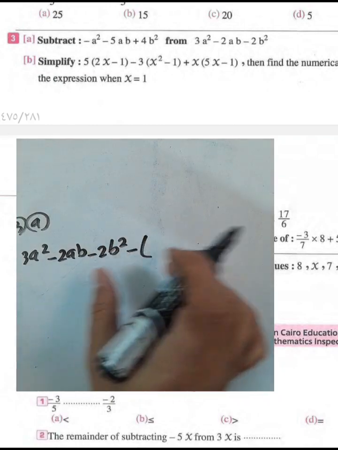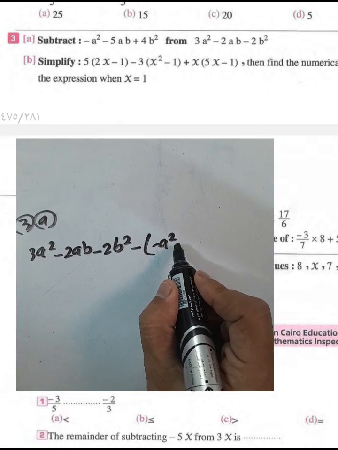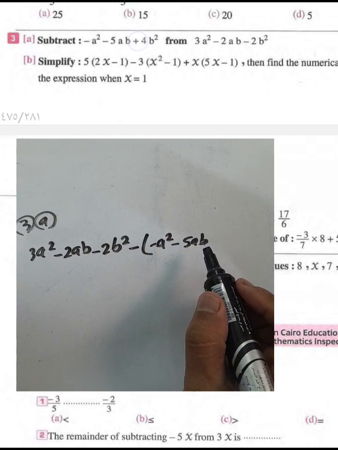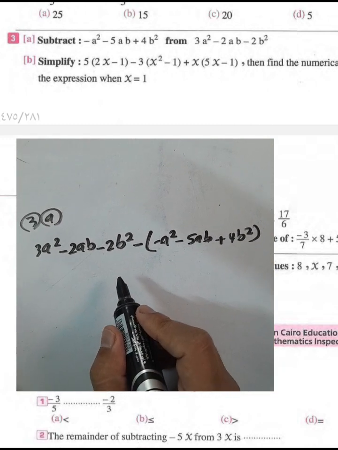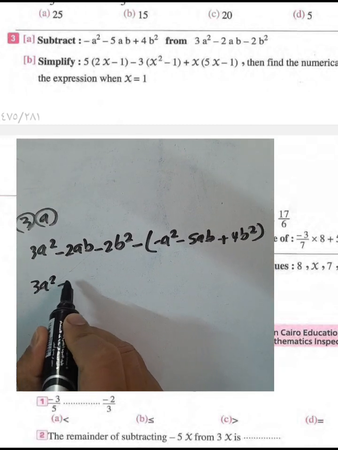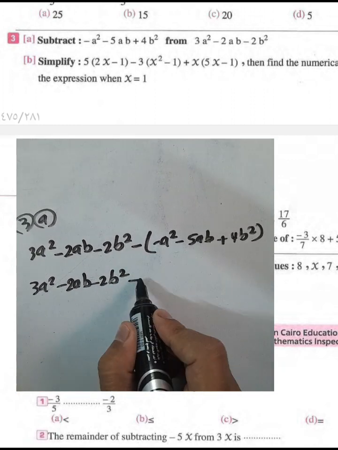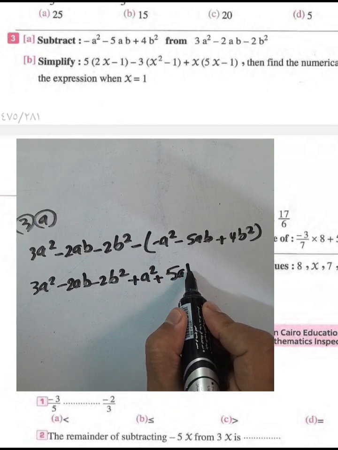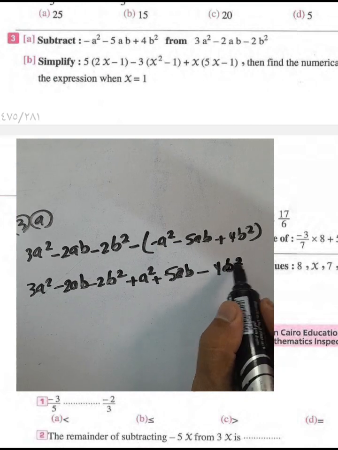The subtrahend here is negative a power 2 minus 5ab plus 4b power 2. Then we can write 3a power 2 minus 2ab minus 2b power 2, negative times negative is positive a power 2, positive 5ab, negative times positive is negative 4b power 2.